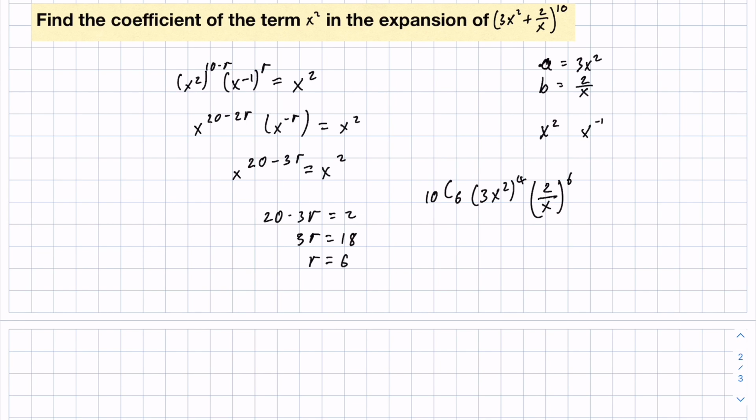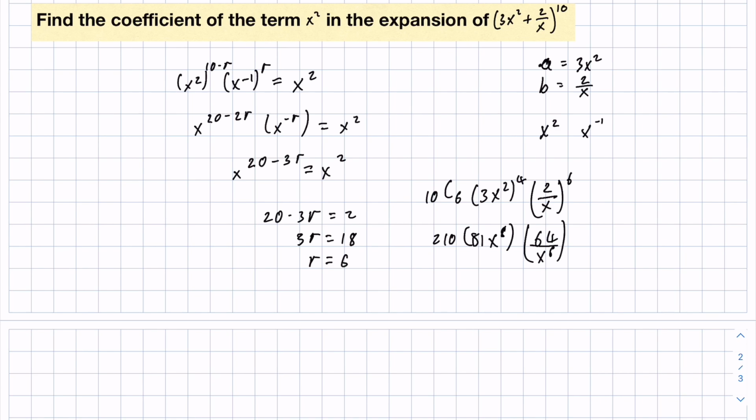10 choose 6 is 210, times 3 to the power of 4, which is 81, times x to the 8th power. And then this will be 2 to the 6th power, which I think is 64, over x to the 6.